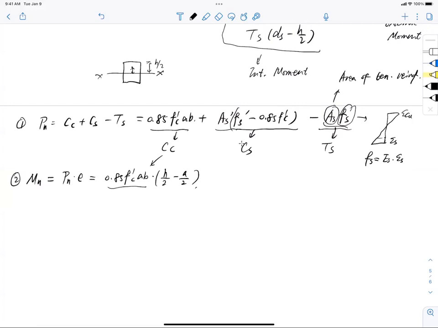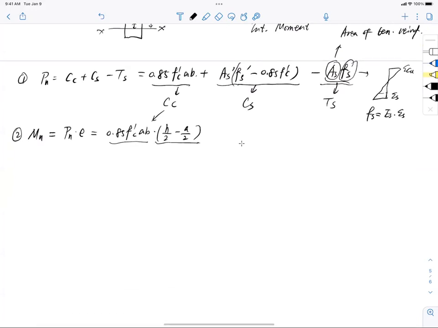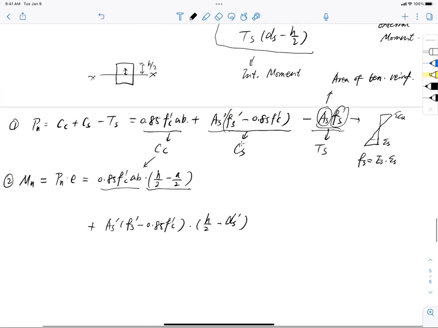Then this is for the concrete moment, plus the compression from the steel, which is As' with fs' minus 0.85 f'c inside the bracket. This is the compression force from the steel multiplied by the distance, which is half h minus ds'. Ds' is simply the compressive reinforcement cover right here.